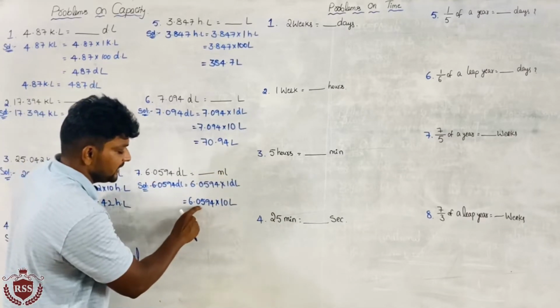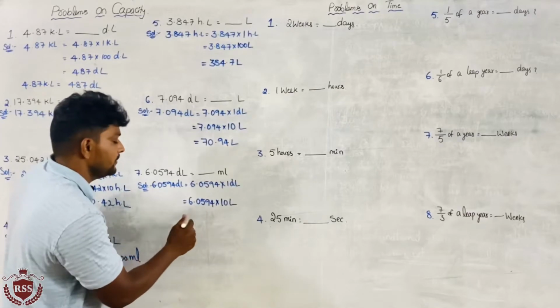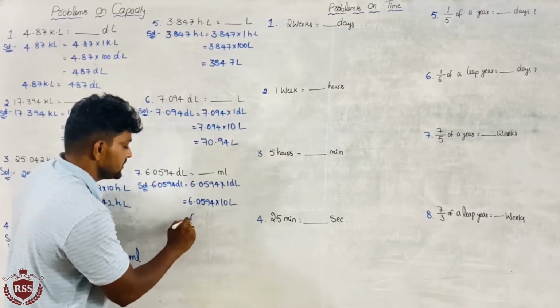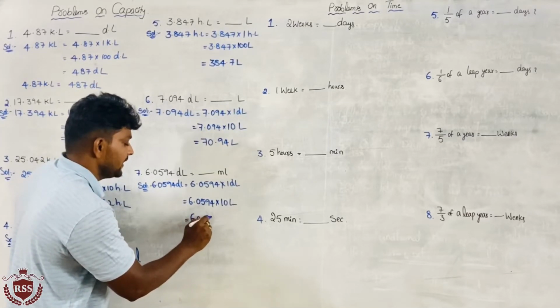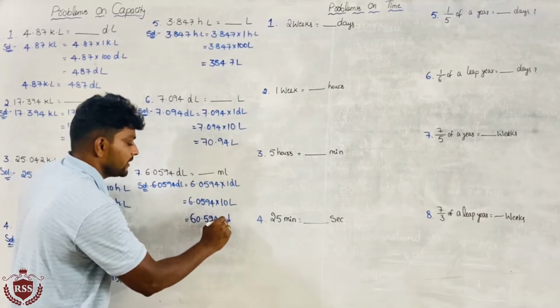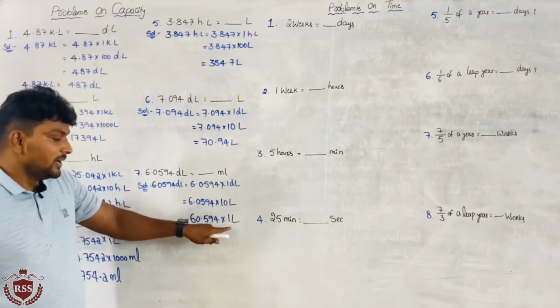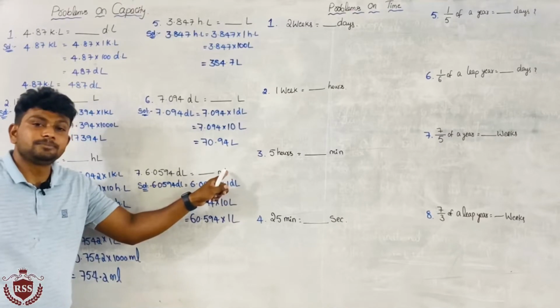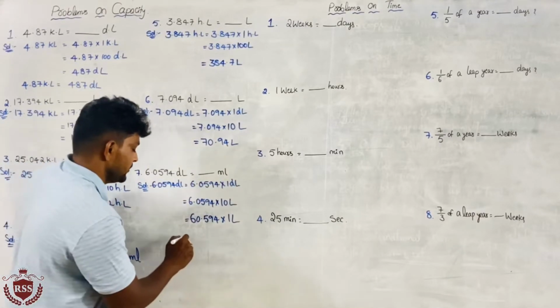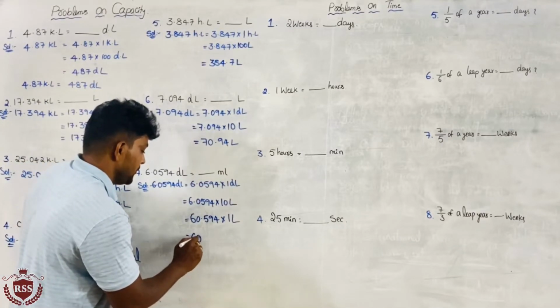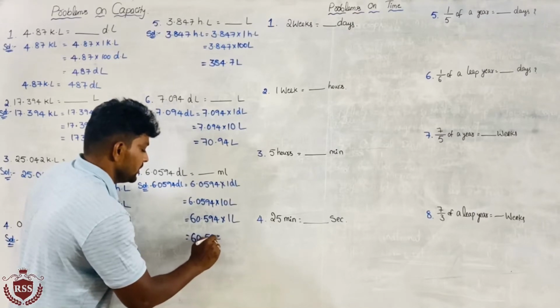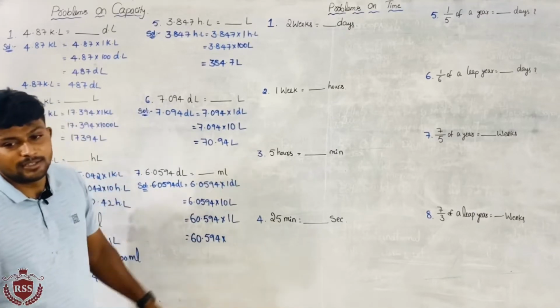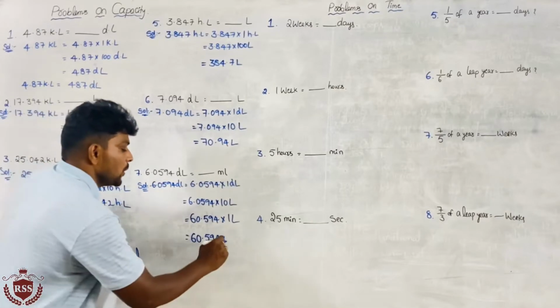If we multiply with 10, the decimal point will be moved forward by 1 digit. So it will be 60.594 into 1 liter, because we have liters, which have to be converted again into milliliters. 60.594 into 1 liter equals how many milliliters? 1 liter equals 1000 milliliters.